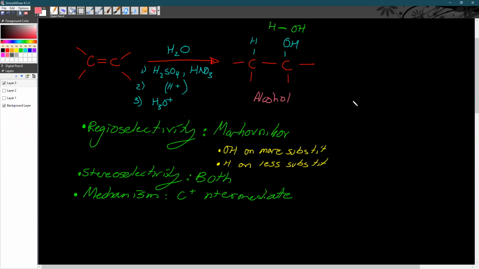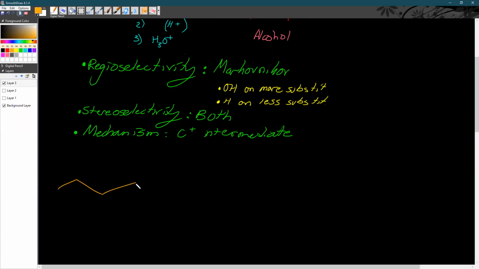So we don't need to know the mechanism in order to do practice. So we can take a look at our good old favorite friend here, and we can react this with, let's say, H2O in the presence of sulfuric acid.